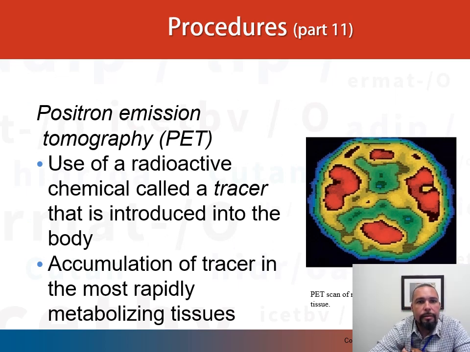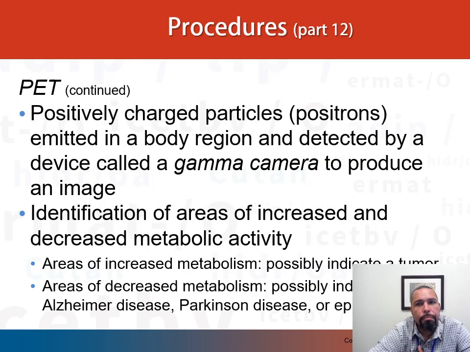This is PET, positron emission tomography, the use of a radioactive chemical called a tracer that is introduced into the body. Accumulation of tracer in the most rapidly metabolizing tissues. Positively charged particles are emitted in the body region and detected by a device called a gamma camera to produce an image.